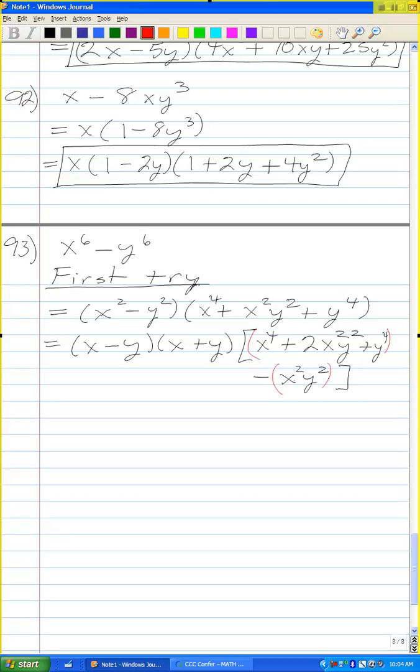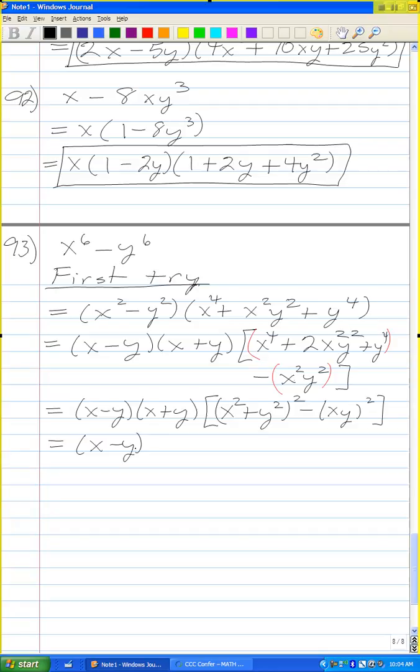So I'm going to group the first three terms and the last term. So this is equal to x minus y, x plus y, times, well, I can write this as x squared plus y squared, squared, and this term is xy squared. And so this is the difference of squares.